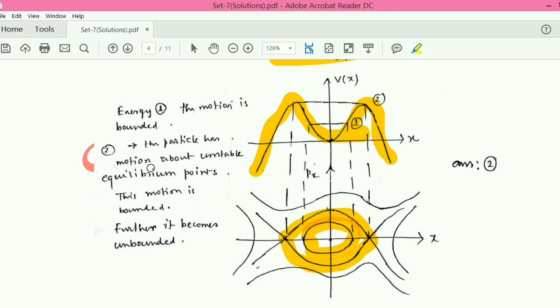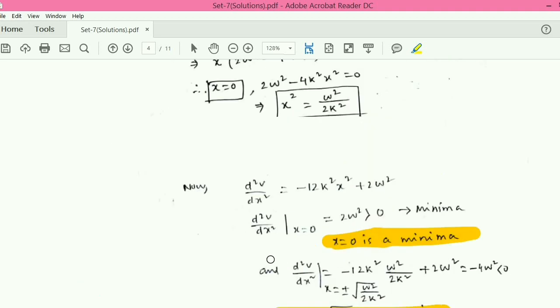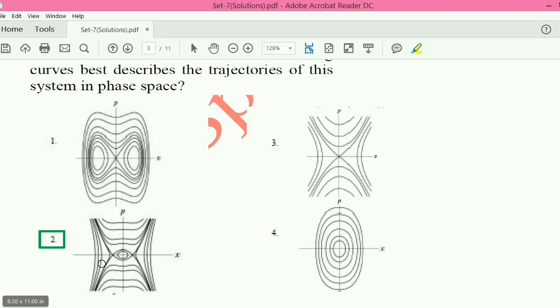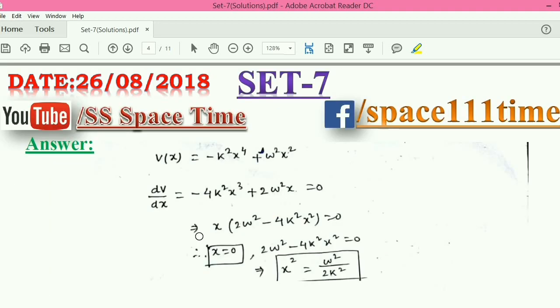Beyond this, if you take a higher energy, then the motion is unbounded and we get curves like this. So it matches with option 2. The second option is the correct option.